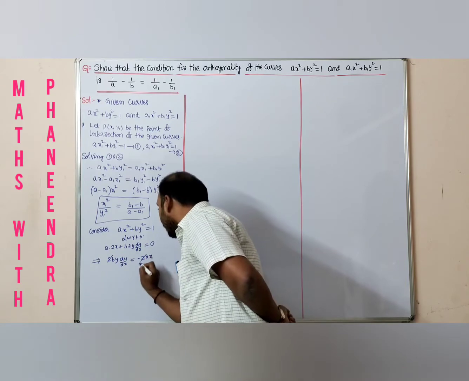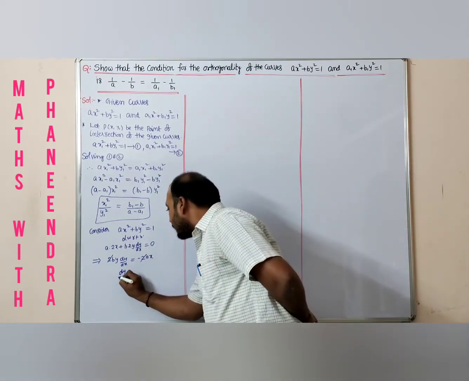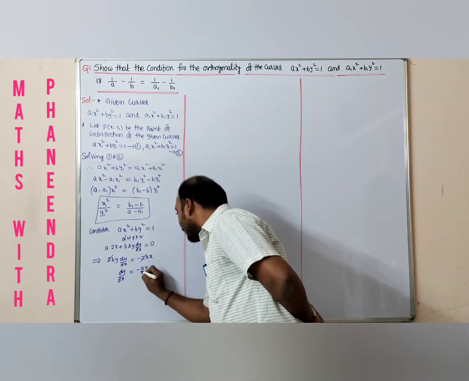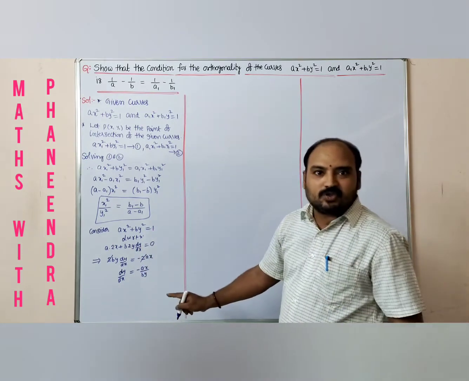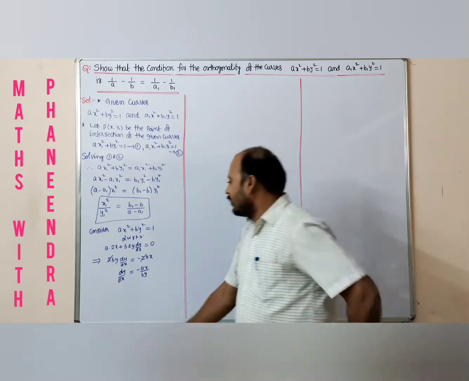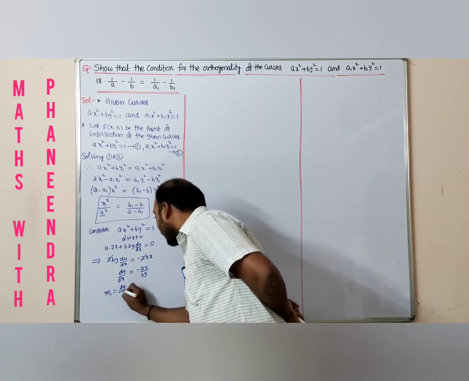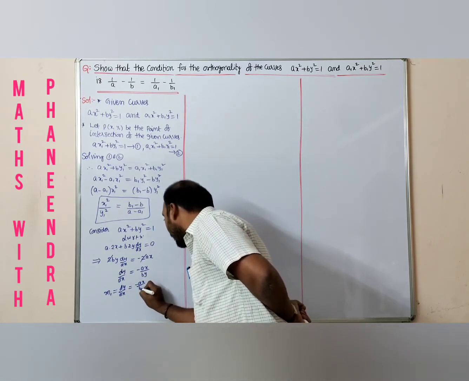Here 2 gets cancelled. I want dy by dx. So dy by dx is equal to minus ax divided by by. This is the first curve, no? Slope of first curve dy by dx, I am assuming that as m1. So m1 is equal to dy by dx, minus ax by by.